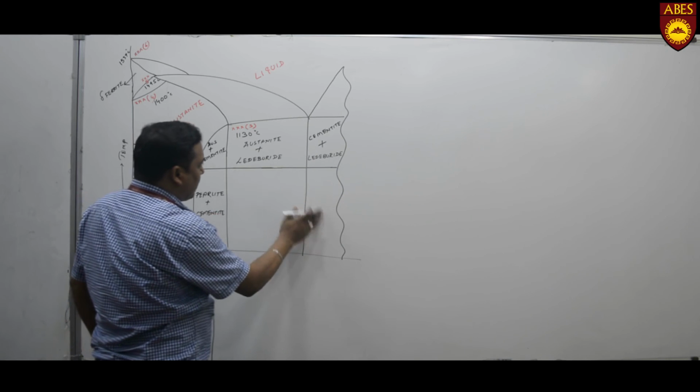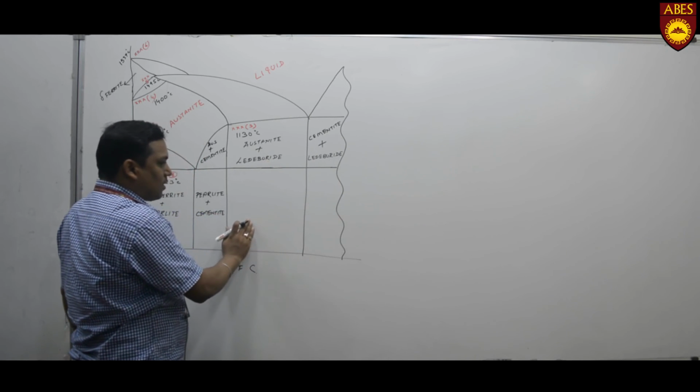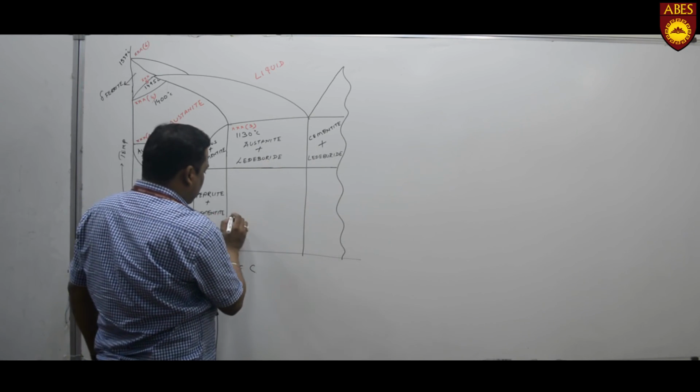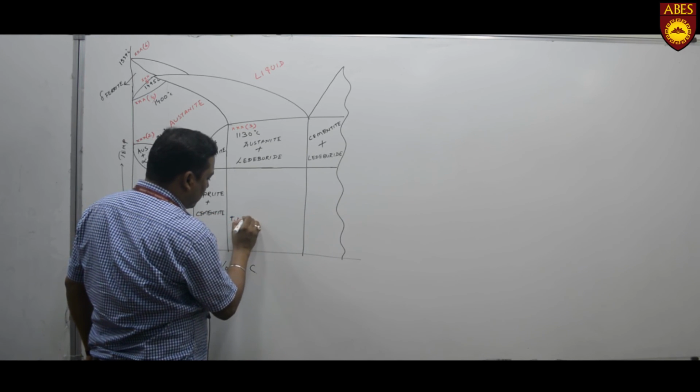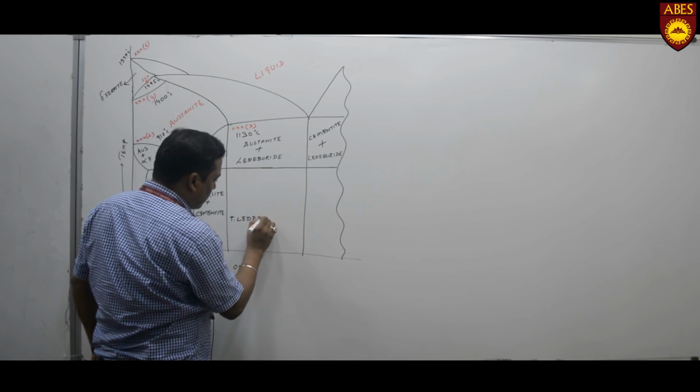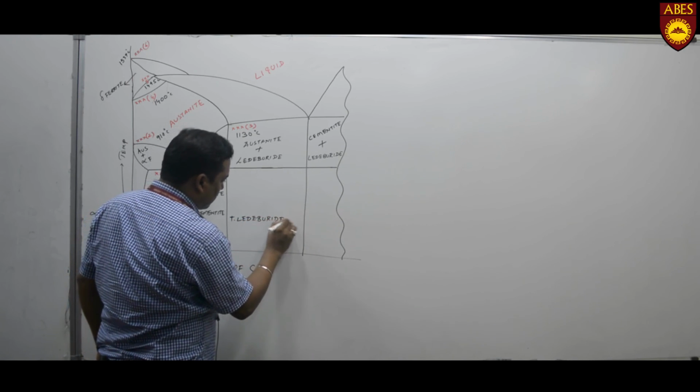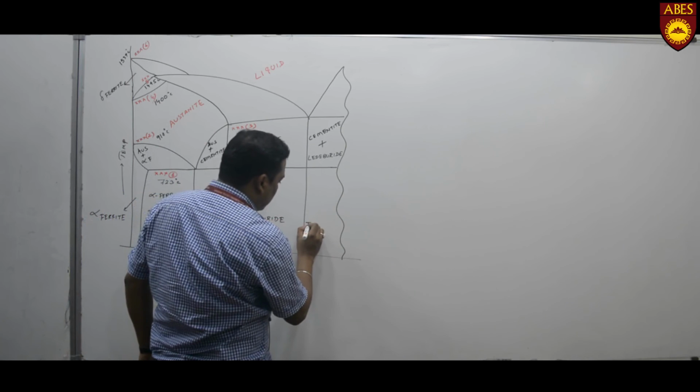This is ledeburite, and ledeburite is transformed into transformed ledeburite. So T means transformed ledeburite. This is also transformed.